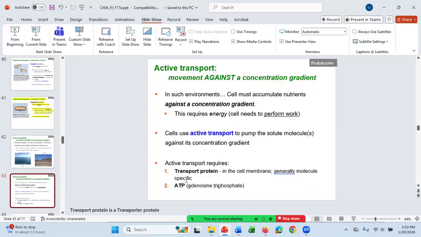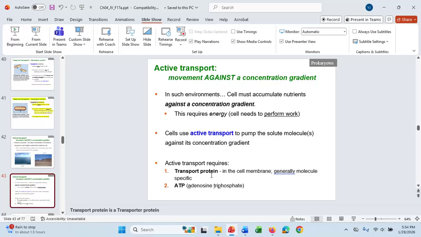The cell has to have an active transport protein to pump the molecule against its concentration gradient. Generally, these active transport proteins are molecule specific, like we have an active transport protein to pump the amino acid lysine inside the cell, and a different active transport protein to pump the amino acid arginine inside the cell. Any question about any of that?